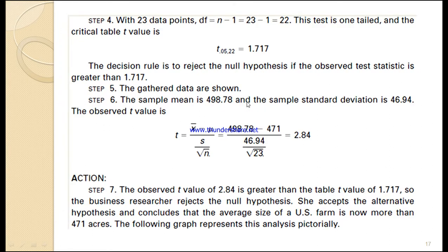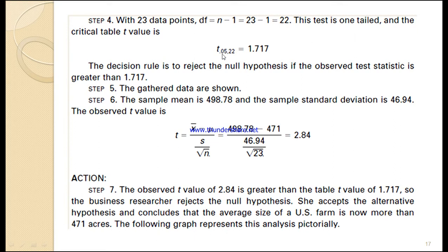Therefore, it implies the test is one-tailed test. And the critical table t-value is 1.717.